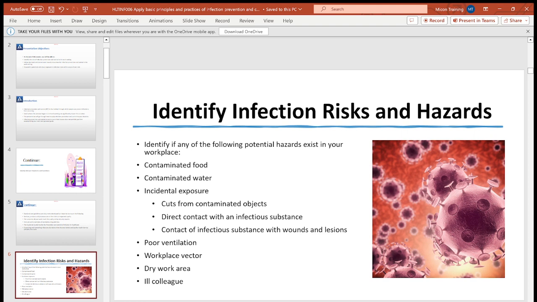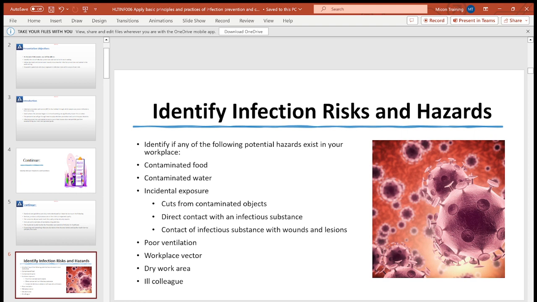If we do, we should try as much as possible to eliminate this hazard. How do we eliminate hazard of contaminated food? We should try to avoid any contamination, maybe cross-contamination while we are cooking the food, or even after the food is ready. If they've had some and we want to store some away, we should label them appropriately and put them in the right temperature to be able to preserve them.